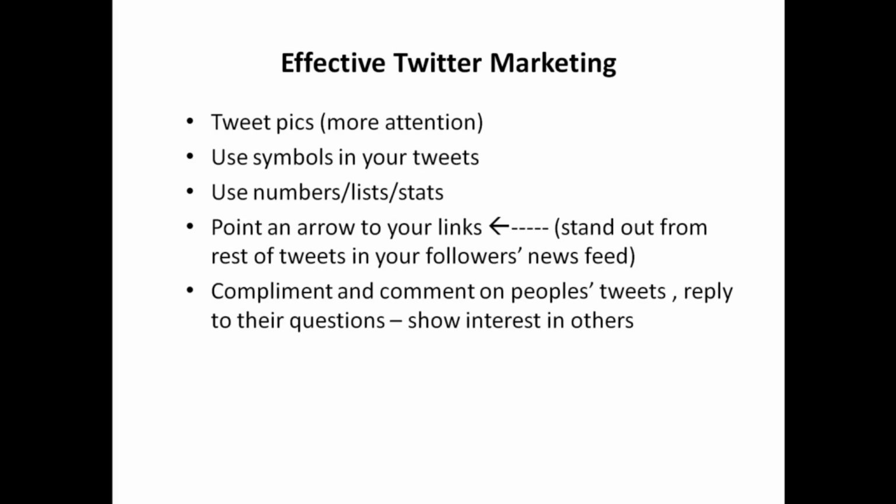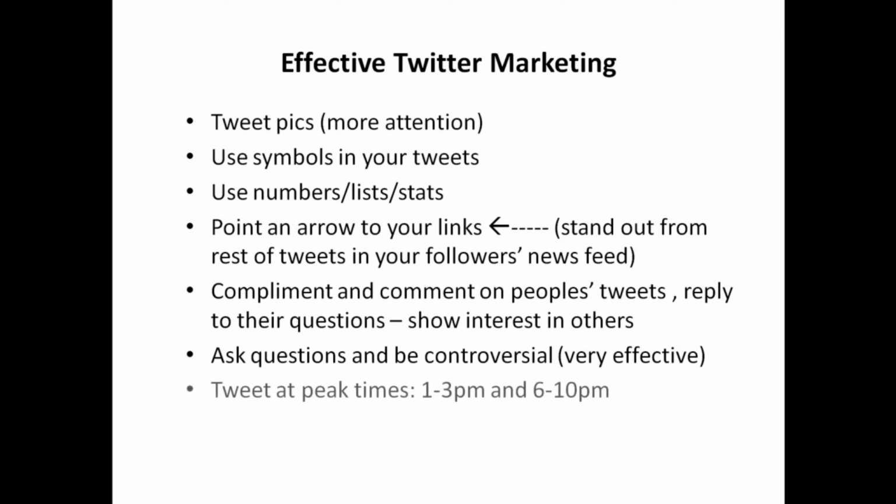And remember to compliment and comment on other people's tweets, reply to their questions, show an interest, interact with them. Ask questions yourself and be controversial. It's a very effective way to carry out your marketing on Twitter. And remember, just as with following fellow users, you'll want to tweet at the peak times between 1 to 3 p.m. and 6 to 10 p.m.